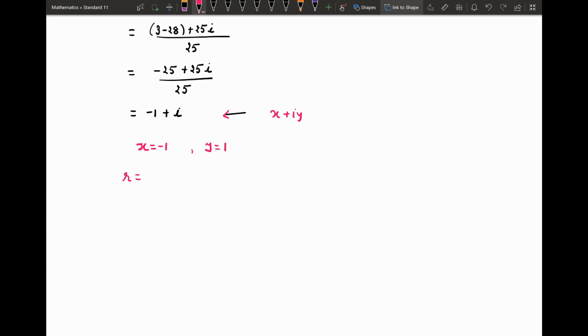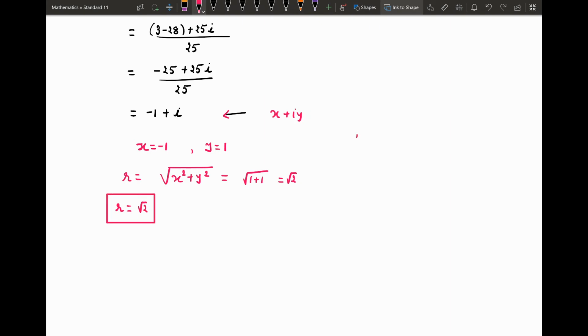So r equal to under root x square plus y square, modulus is given by under root x square plus y square. So this is 1 plus 1, that is root 2. So modulus r equal to root 2.